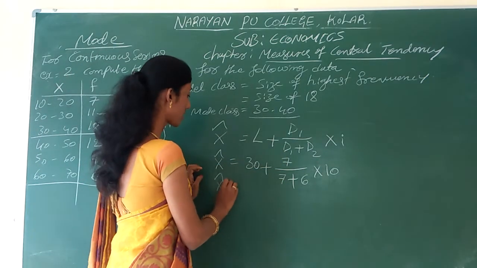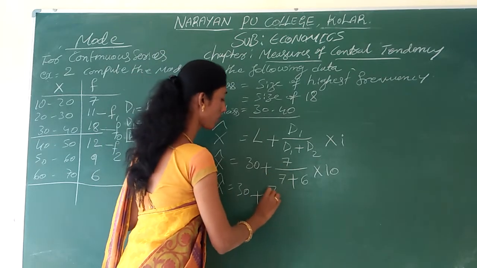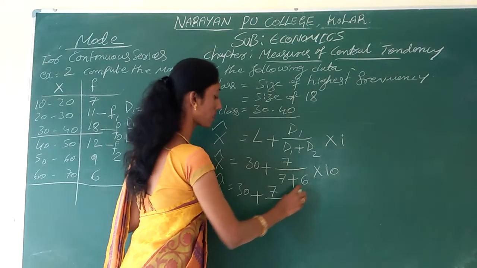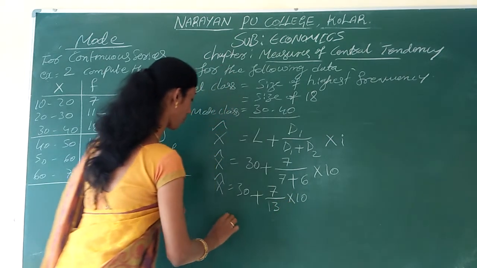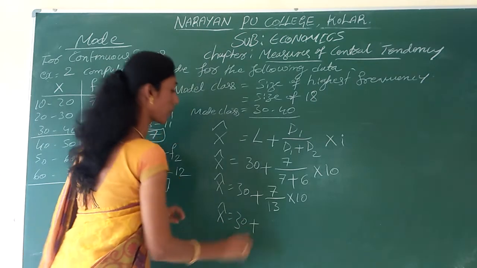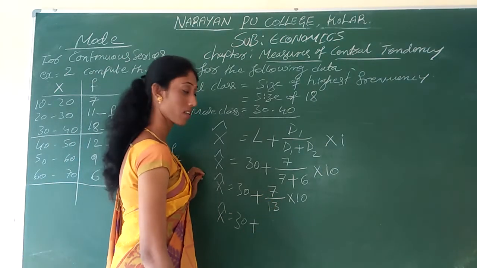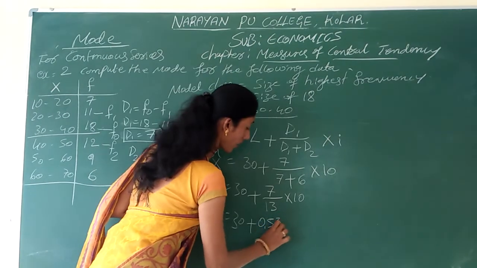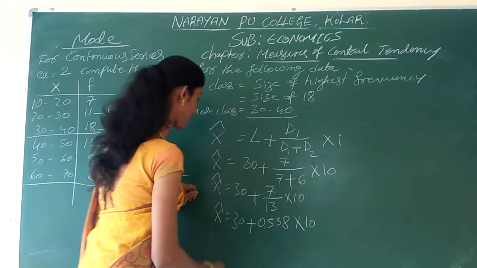Then mode is equal to 30 plus 7 divided by 7 plus 6, into 10. Next, mode is equal to 30 plus 7 divided by 13, which is 0.538, into 10.